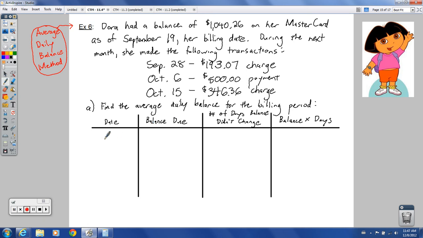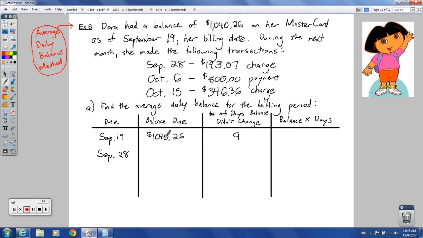And so let's see what we got. On September 19, her balance due was $1,040.26. Number of days the balance didn't change: from September 19 to September 28, nothing changed. So that's going to be a difference of 28 minus 19, a difference of 9 days.